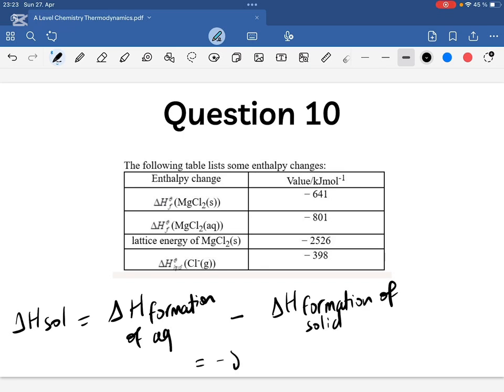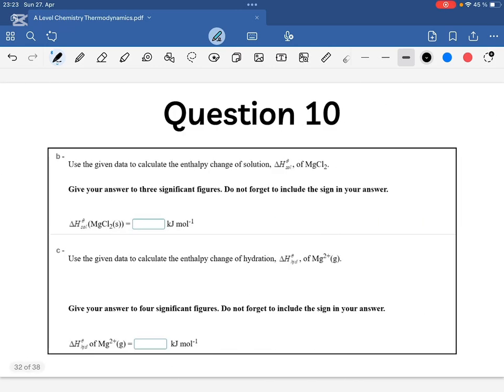It's going to be minus 801 for the aqueous one, and then it's minus 641. I have to subtract, and the value is going to be minus 160, so I have to put minus 160 kilojoules per mole.